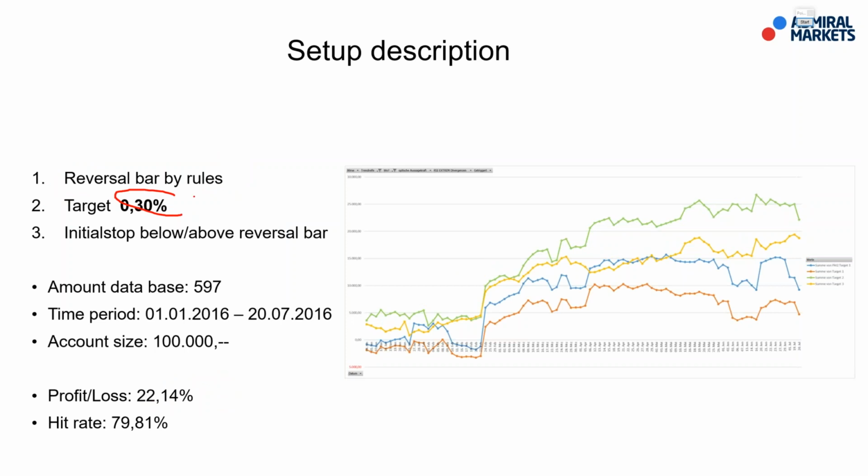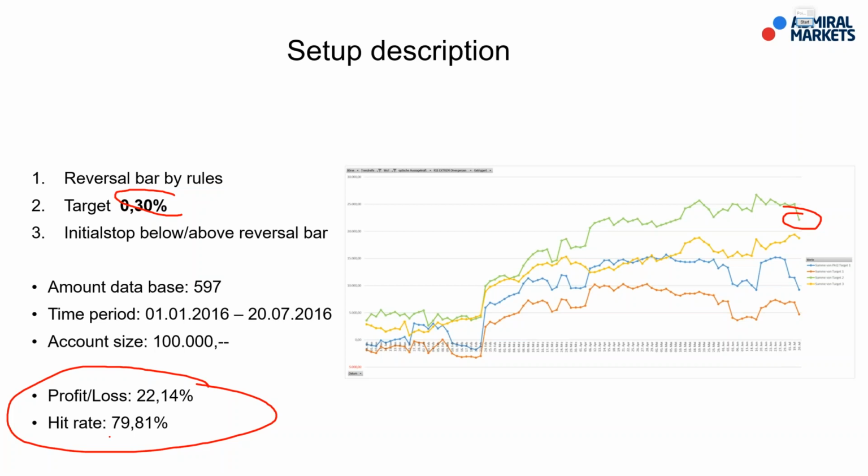Hold on the rules, the stop below or above the reversal bar, and you can see here the green is our target, and we have a profit of around 22% a year with a hit rate of almost 80%, exactly 79.81%.